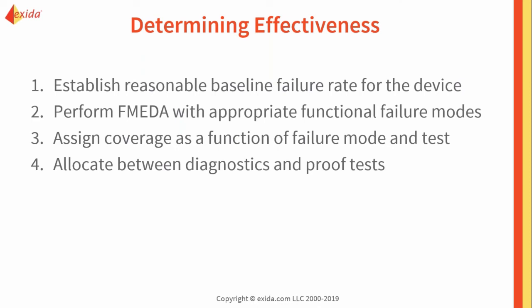Establishing a baseline for each device, going through that FMEDA with each failure mode and how each test or diagnostic would be covering each failure. At the end, all of those different dangerous failures are allocated between: was it found with diagnostics, was it found with proof tests, or is it still hidden there?